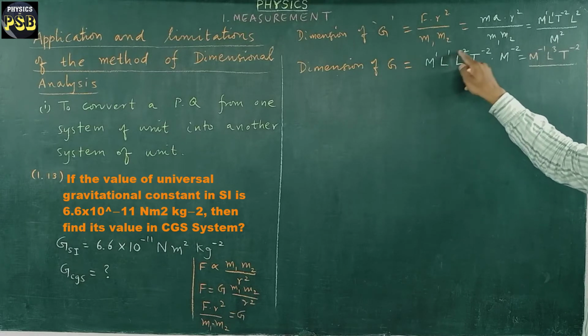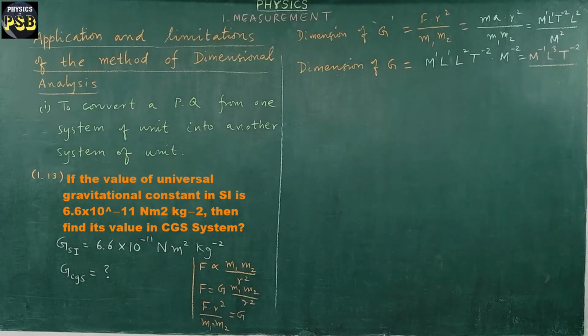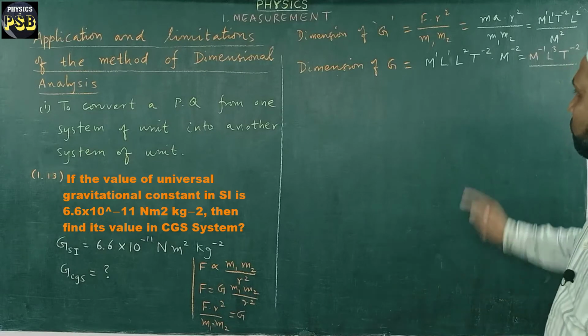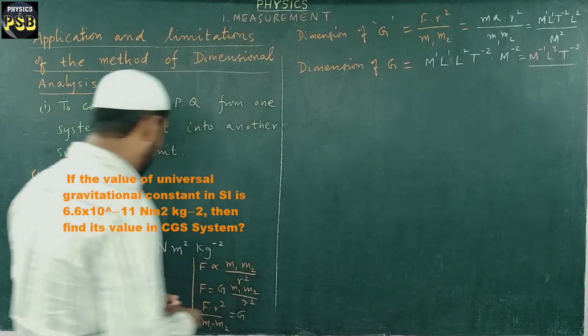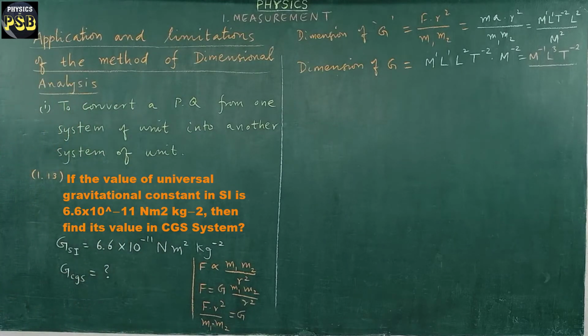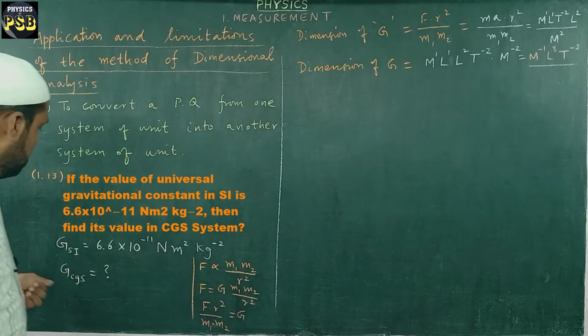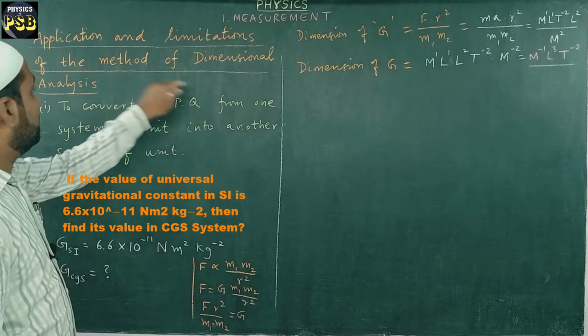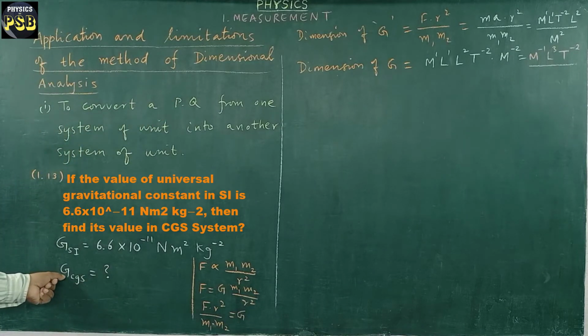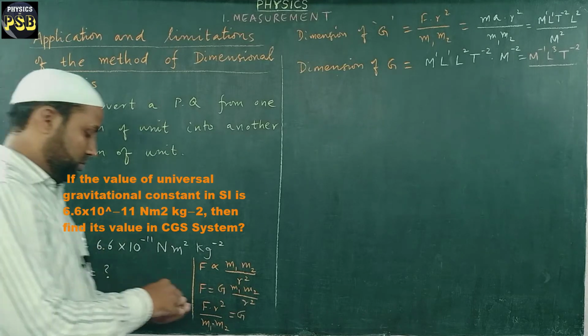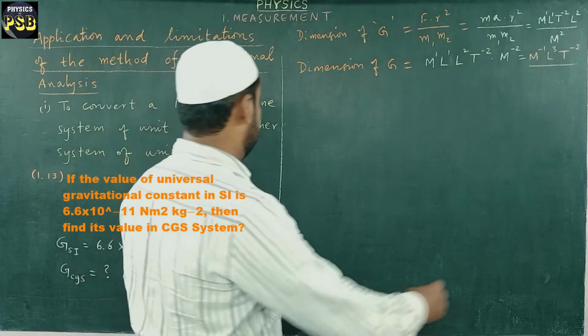L power 1 plus 2, so 3. The same method is followed here as what I have shown you in the previous problem. Now let's go ahead. I am going to apply the method of dimensional analysis to get the G value in the CGS system. So I will do like this.